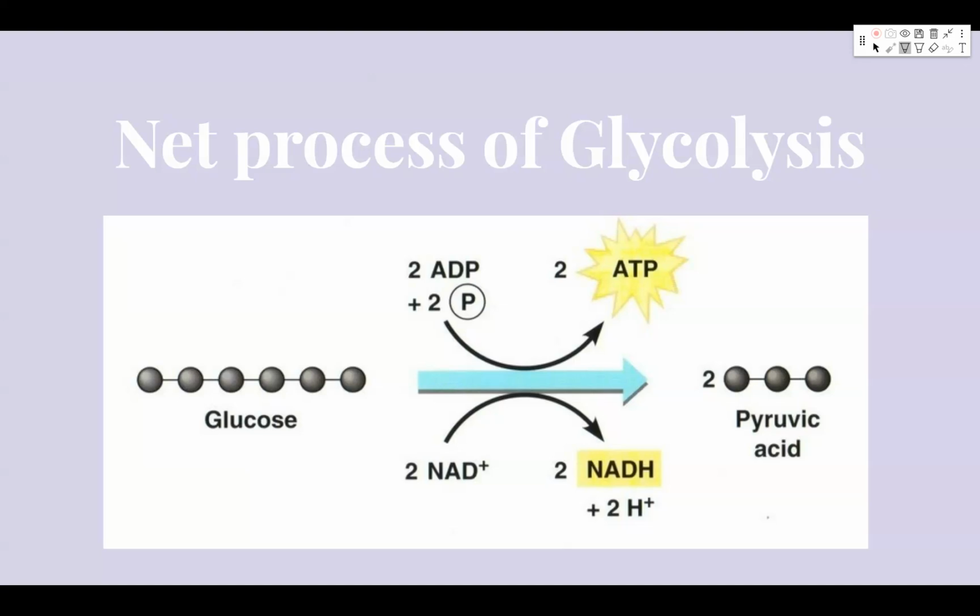So if in the little corner of that box you leave a little bit of space, our end products, what we get out of this, is 2 ATP, 2 NADH, and 2 pyruvate.